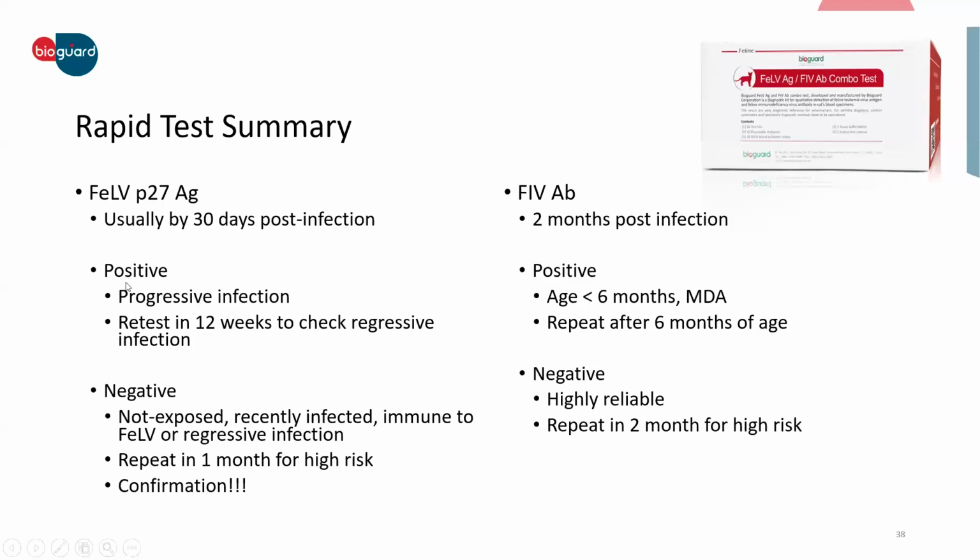If it's positive, that means the cat is in progressive infection. We may also suggest retesting in 12 weeks because in some cats the P27 antigen would become negative if it's a regressive infection, because the P27 antigen will disappear.